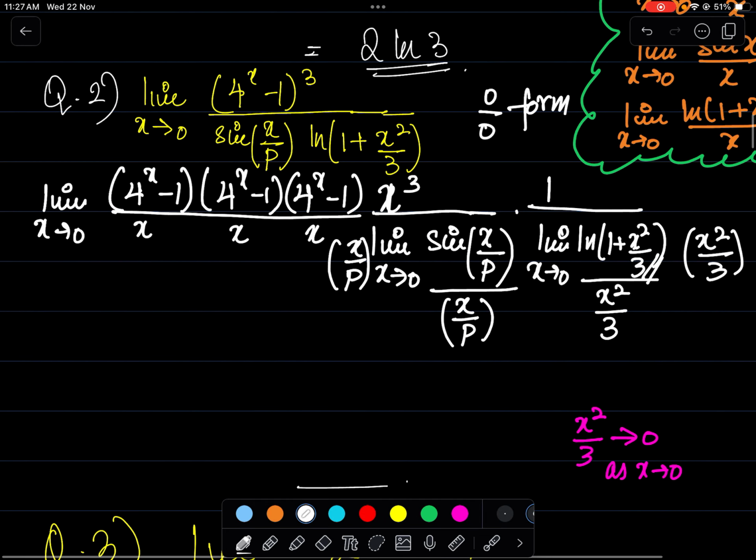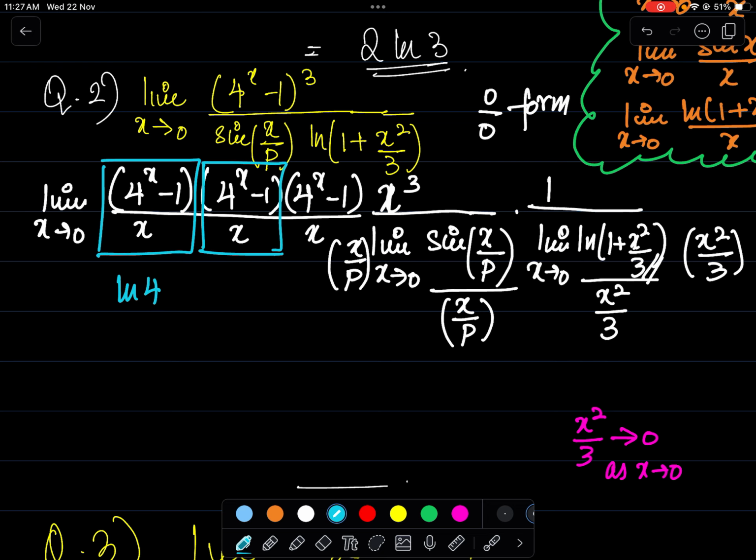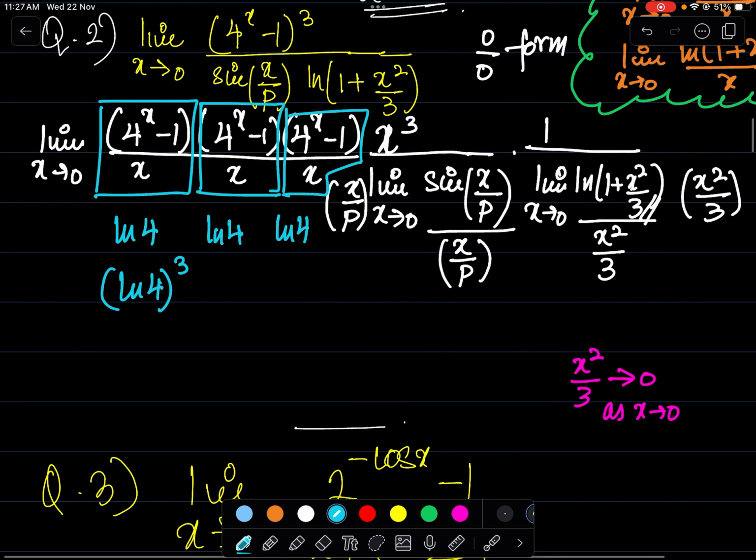Now when I apply the limit, you will see that this will give me ln 4, this will also give me ln 4, and this will also give me ln 4. So I will get ln 4 whole power cube. Right? Now let me cancel some things. So I can say x cube is here, and here x square and x will be x cube.